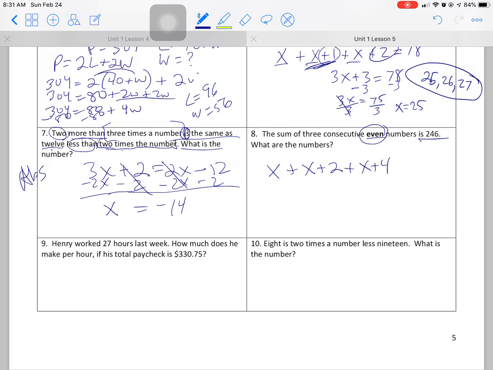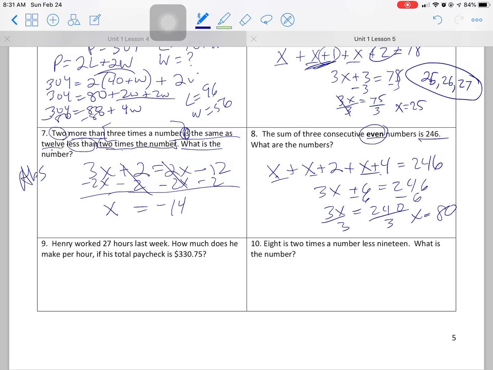So this would be x plus 4, right? To get from x to the next even number is 2. To get from x to the next one after that, it's plus 4. The sum is 246. 3x plus 6 equals 246, minus 6 minus 6. 3x equals 240, divided by 3, x equals 80.